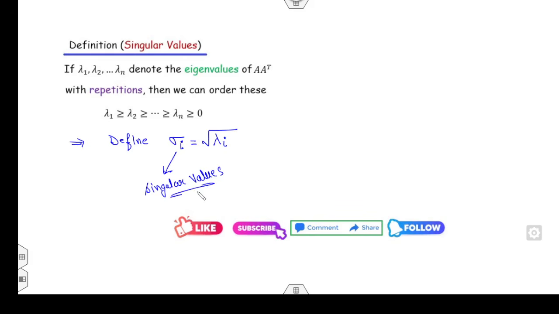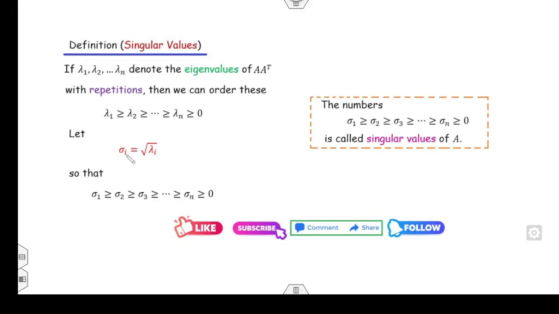So if I define the positive square root of the lambda i's, that is the eigenvalues, then lambda 1 corresponds to sigma 1, lambda 2 corresponds to sigma 2, and these sigma i's are known as the singular values of the matrix A. Remember, your target is to find the eigenvalues of A into A transpose, not of A, because A is your m cross n matrix, while A into A transpose is a square matrix.